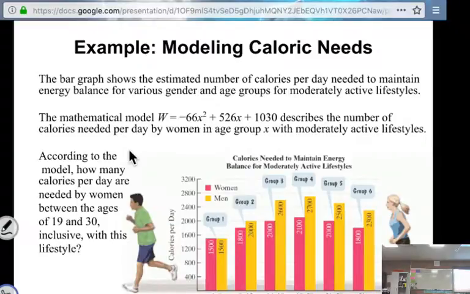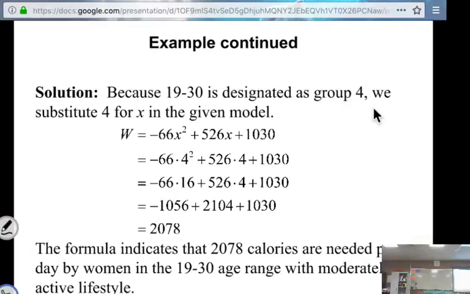All right, so on this, they do the calorie model. And on this, they just plug it in to figure out where they're at. They want to know what the designated calories needed are. They give some information, they give a relationship, plug it in, and bam, you have an answer.